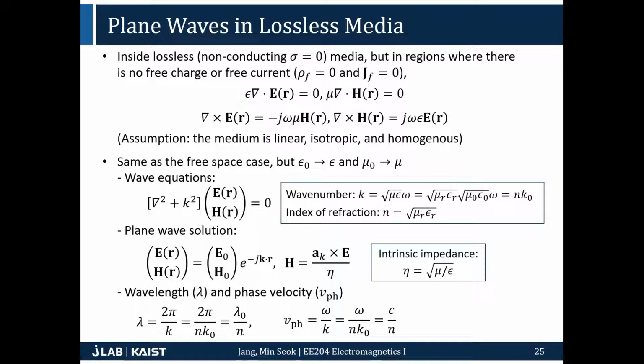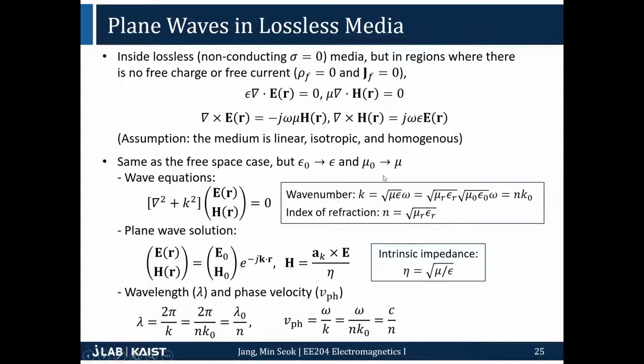So what does that mean? That means the wave number increases compared to the free space case. And an increase in wave number means a decrease in wavelength, right? Because wave number is 2 pi over lambda.